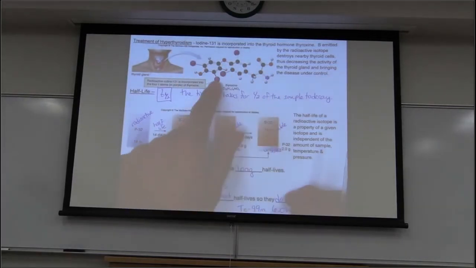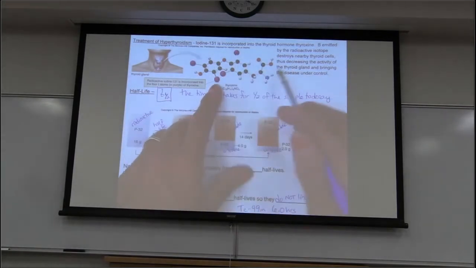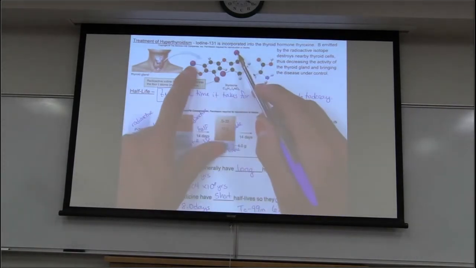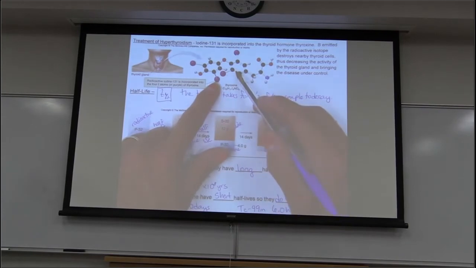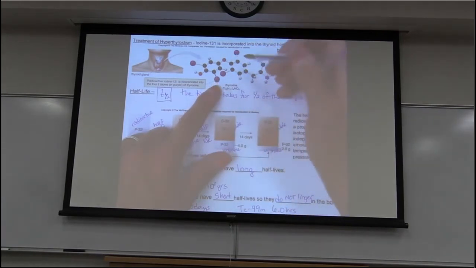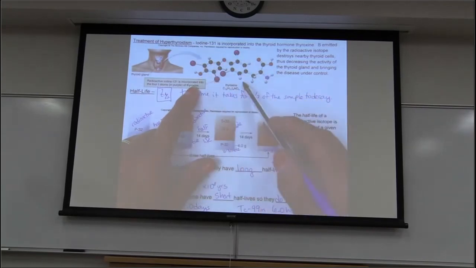Thyroxine, this is the molecule thyroxine. And thyroxine is used by the thyroid. Nothing else uses thyroxine but the thyroid. Thyroxine already has atoms of iodine. So what they do is instead of using stable iodine, they use iodine-131 in this thyroxine molecule that they make.